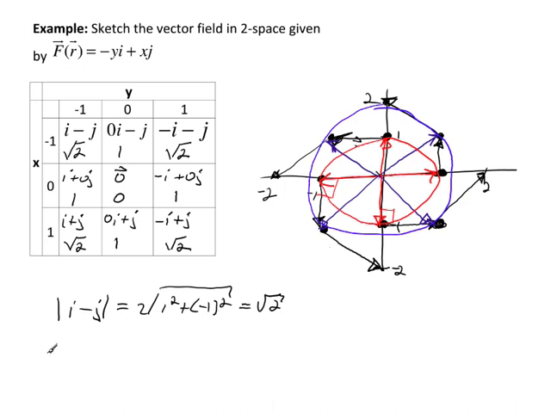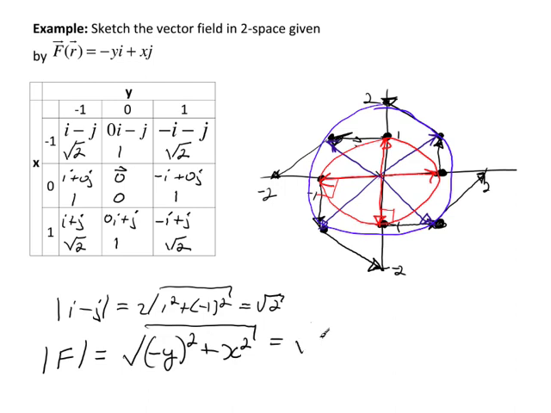Well, let's think in general about the magnitude of f. The magnitude of f is going to be the square root of negative y squared plus x squared, which equals the square root of x squared plus y squared, which is the square root of r squared, which is r. So what's happening is these vectors are the same length as the radius.